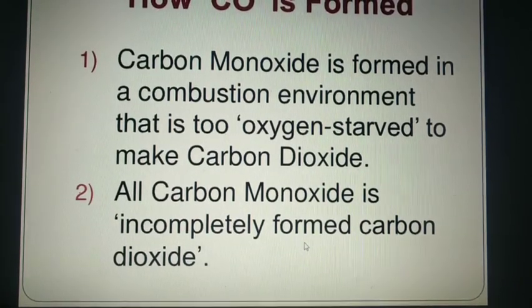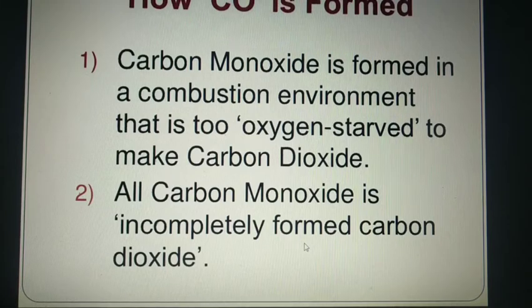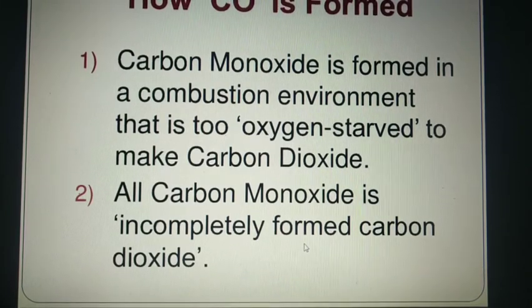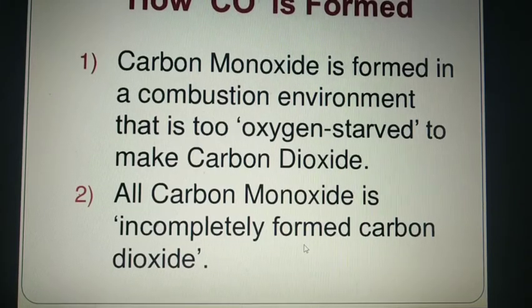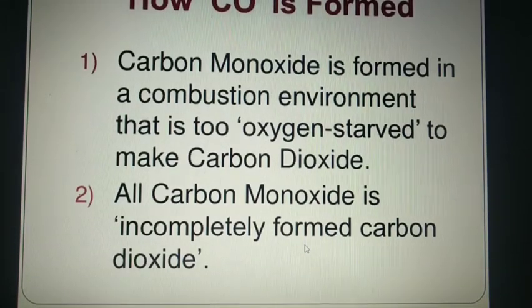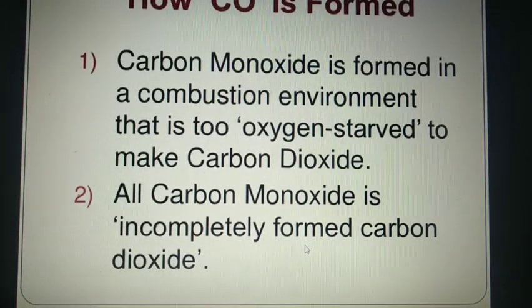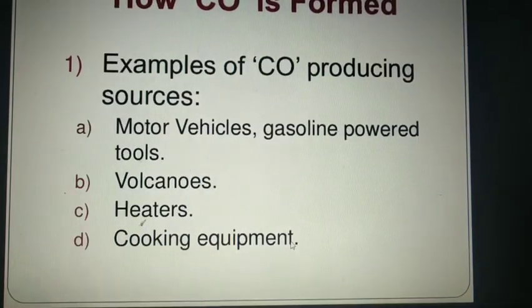So carbon monoxide is combustible, but it is a non-supporter of combustion. Carbon monoxide burns in air with a pale blue flame, just now I explained, which gives carbon dioxide. In the book you can see the reaction: carbon monoxide plus oxygen gives carbon dioxide and heat is released.